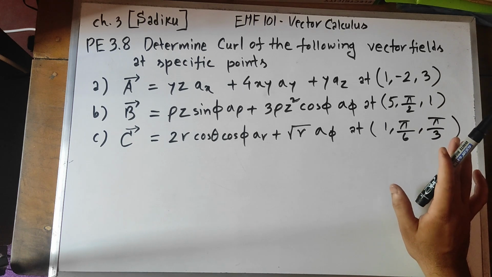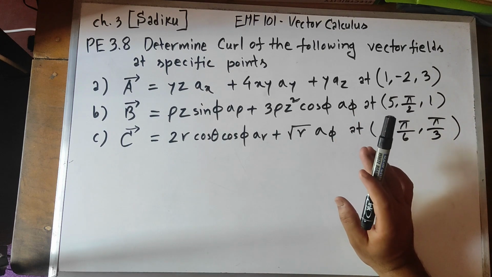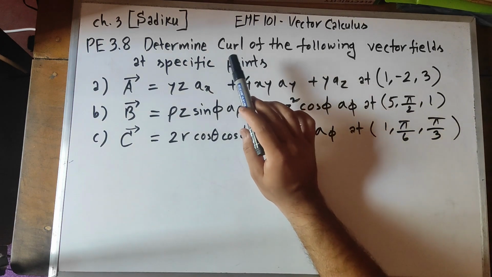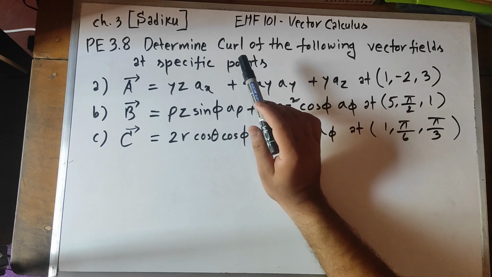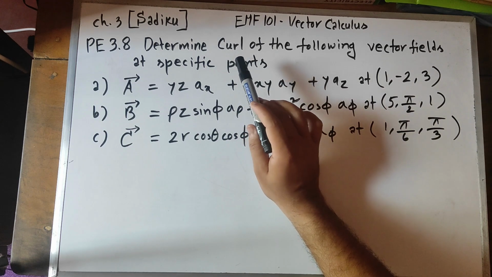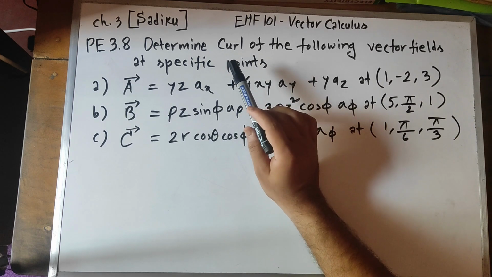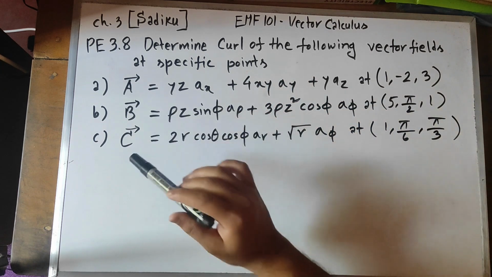Now, before we get to the problem solving part, we have to understand what curl is. So let me explain curl, then we will go to the problem solving part.